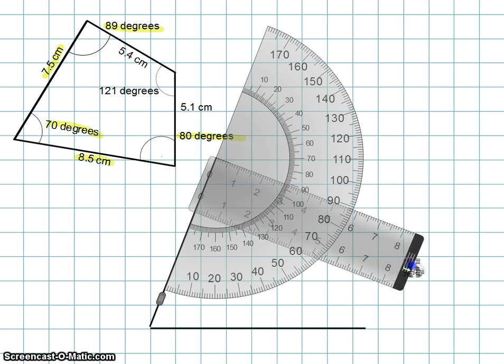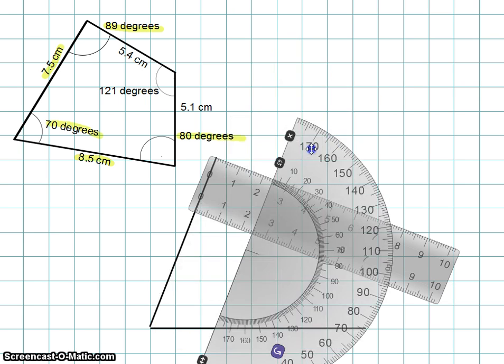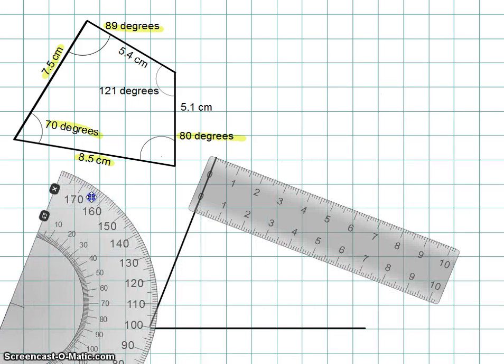Okay, and I might make my ruler a little long. Oops, I better move my protractor away first. So I'll just put it there, and then I'm just going to draw a line. Now the length of this line doesn't matter, right?